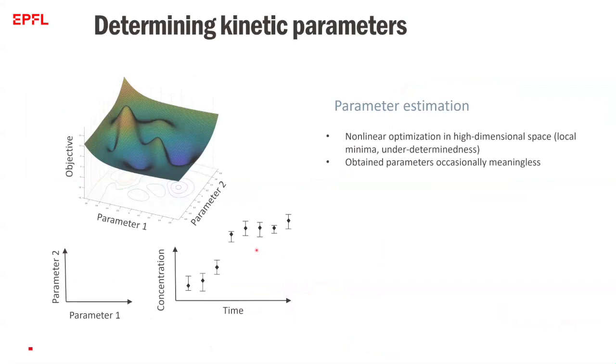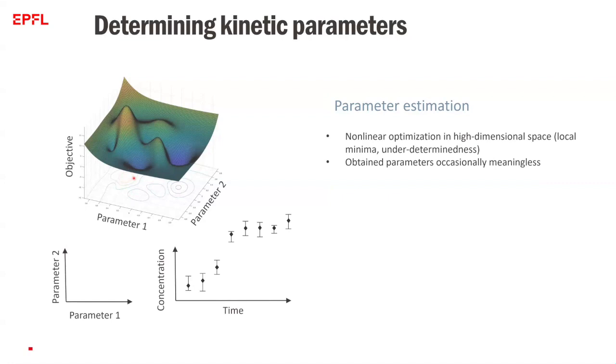This is well known in systems and control theory. You find some initial point, and you try to minimize a certain goodness of fit, and you get the responses of the system. Now, this method is applied by many groups, and it works well in many cases.